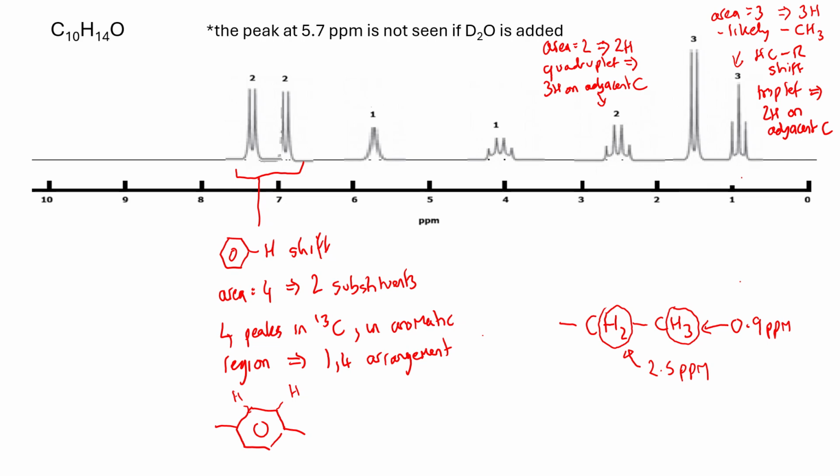So we can say that this one has a benzene ring CH shift. And that's really important because it tells us that the benzene ring is now attached here.